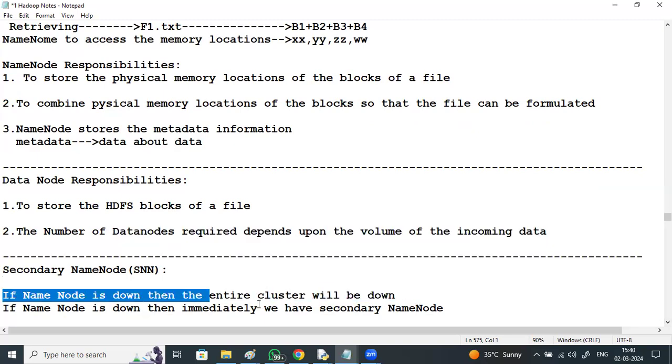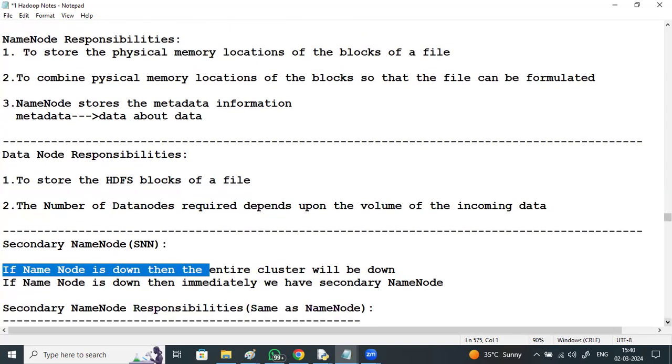So if the name node is down, then immediately we have the secondary name node.